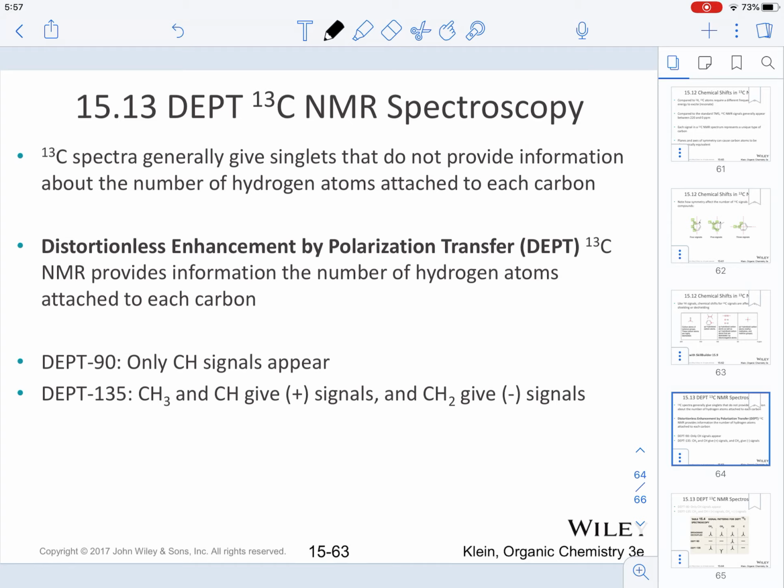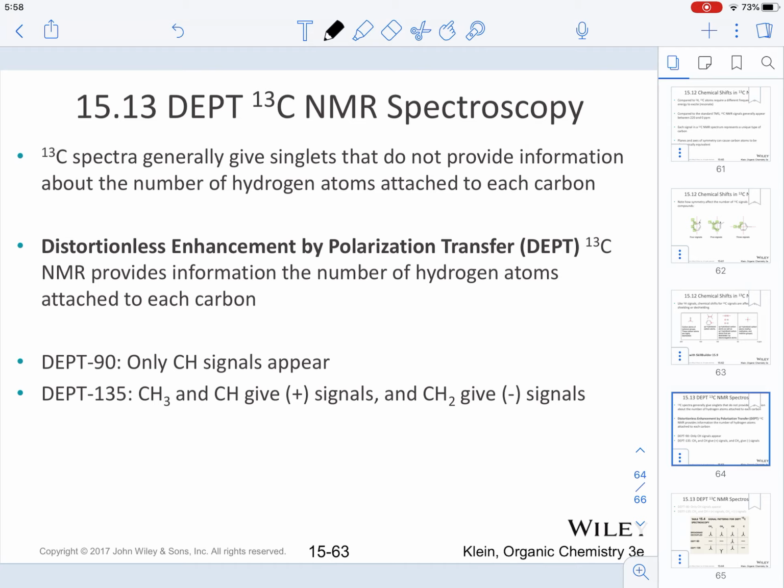So the DEPT carbon-13 experiment actually has 3 stages. Stage number 1, you're going to run just an ordinary broadband decoupled spectrum, so the regular carbon-13 spectrum. On the second experiment, you're going to run a DEPT 90. The DEPT 90 experiment is used under special conditions, and is only going to show us the CH carbons.